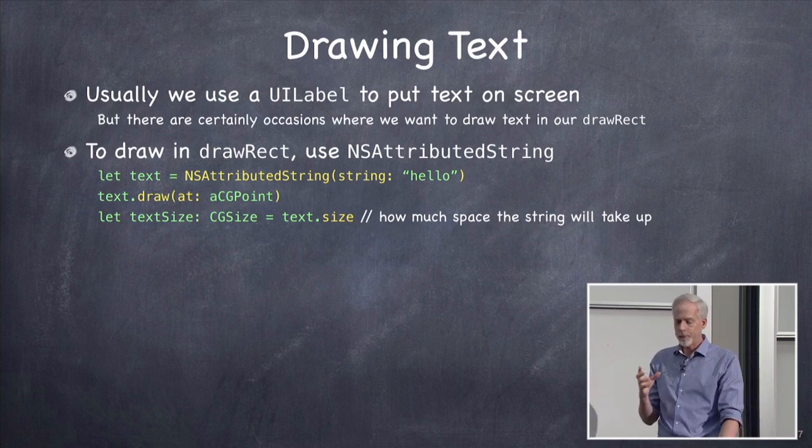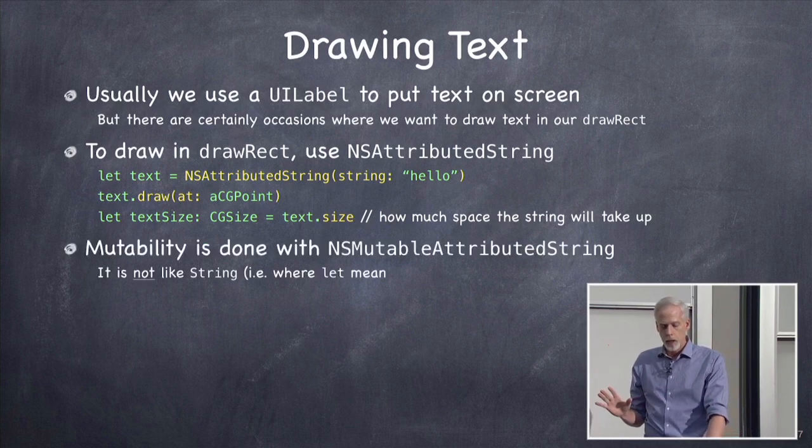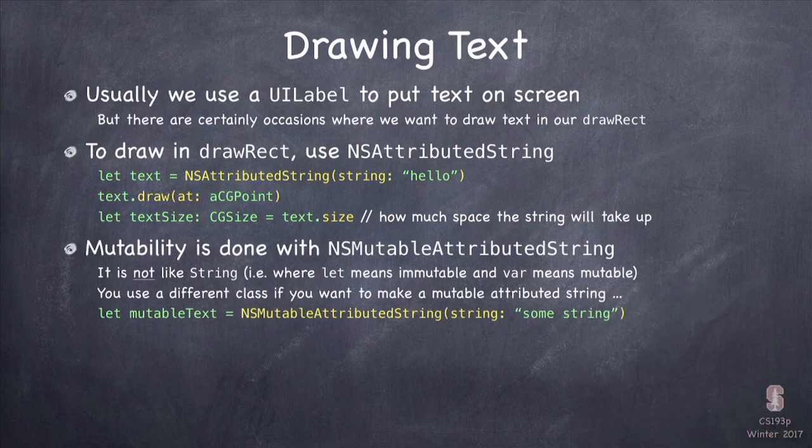Now, one thing that's kind of a bummer about NSAttributedString is it's really an old style API. var and let don't even work to make it mutable or not. Okay? So if you want a mutable attributed string where you're going to change its attributes and change its text, you need to have a different class called NSMutableAttributedString. Okay? So things like setAttributes don't work on an attributed string.